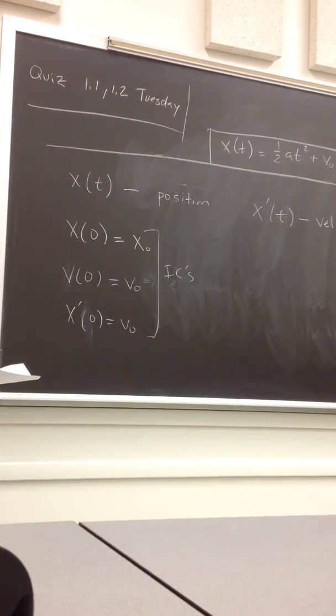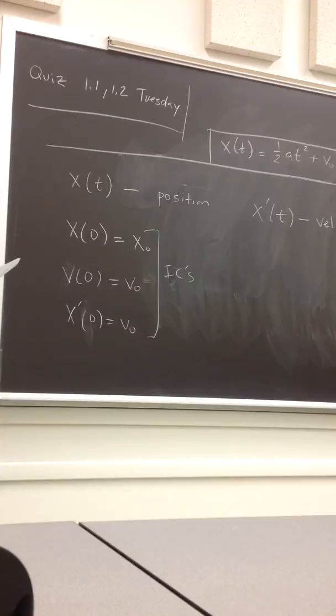Anyone know what the differential equation is? It must come from the first half of the sentence. The particle is accelerating at a constant a meters per second squared. So we start at a and integrate our way up.